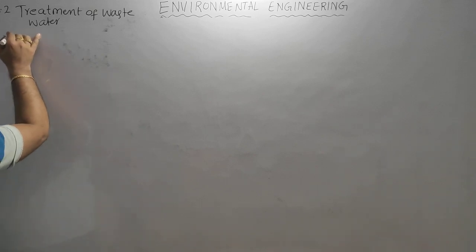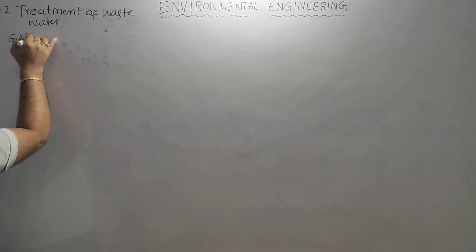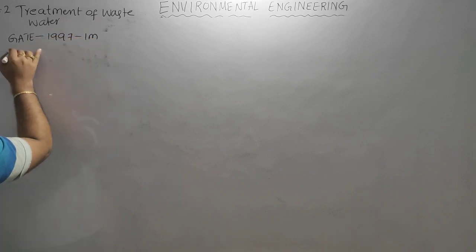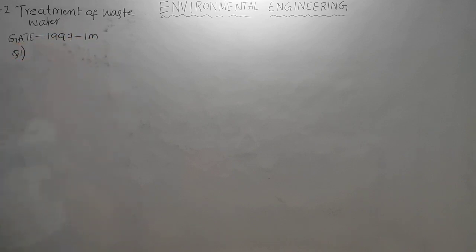GATE 1997, 1 mark question, that is question number 1. In this question, what he is saying is: a typical biological process in treating wastewater using an aerated lagoon can be described by one of the following schematic diagrams.